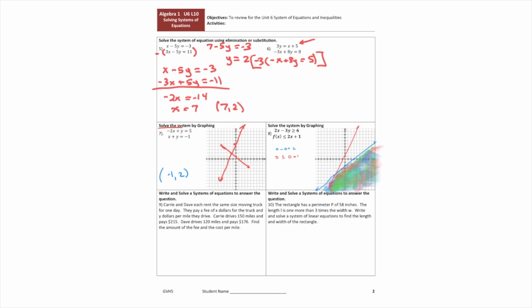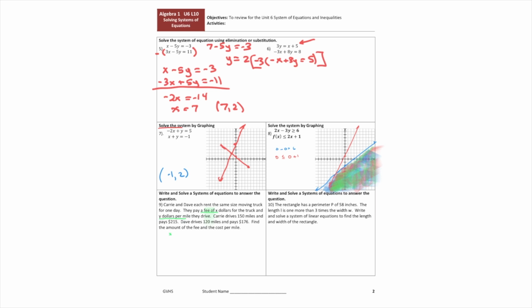So let's look at writing and solving systems of equations. For this one, Carrie and Dave are renting the same size moving truck. Well, that's helpful. So if they have the same size moving truck, they're going to pay a fee of X dollars for the truck and Y dollars for the miles that they drive. So we have Carrie drives 150 miles and pays $215.